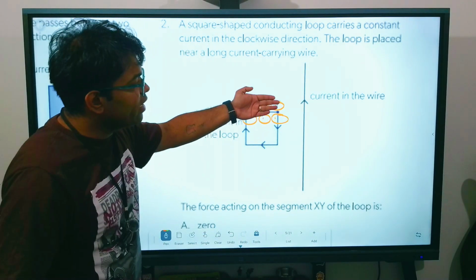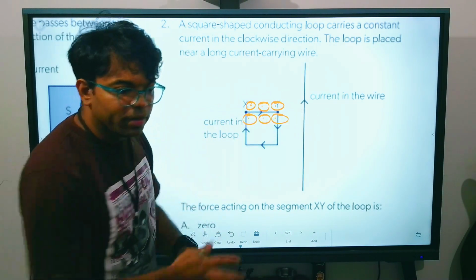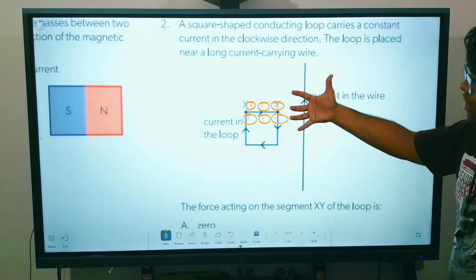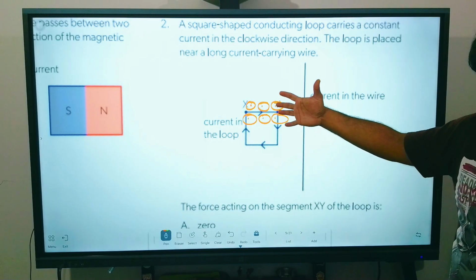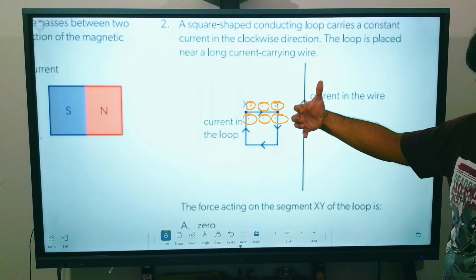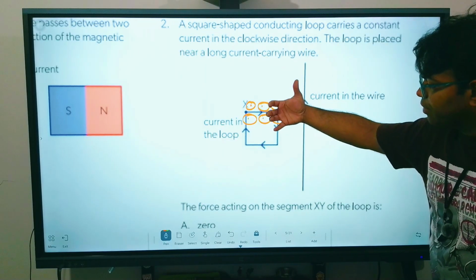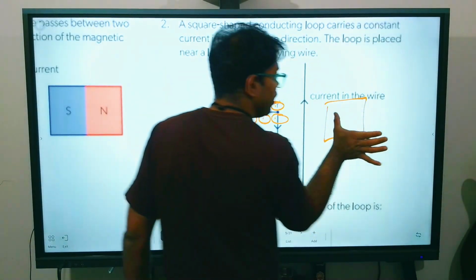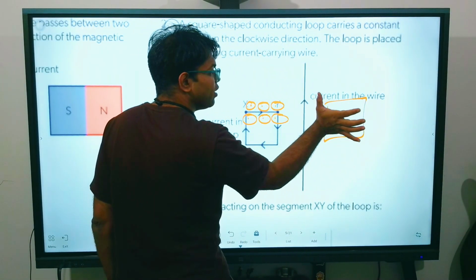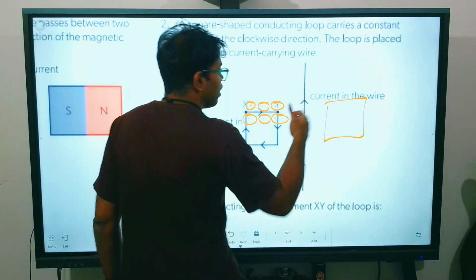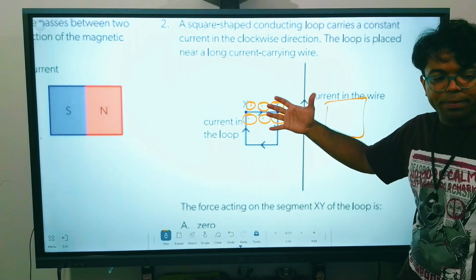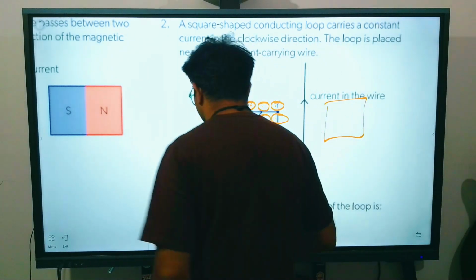The magnetic field is actually coming out of the paper because of this movement. At this point, if the loop were here, the magnetic field would be going inside the plane of the paper. But since the loop is here, the magnetic field is coming out of the paper.